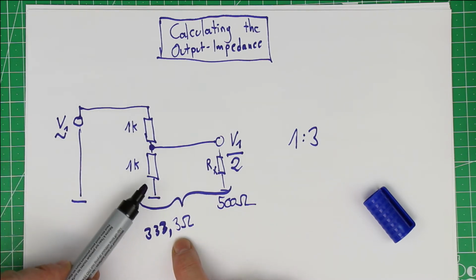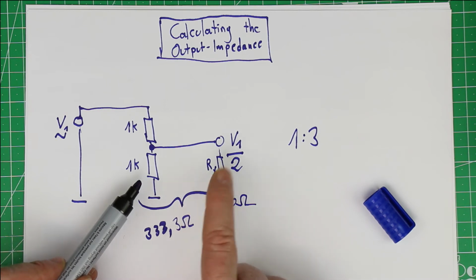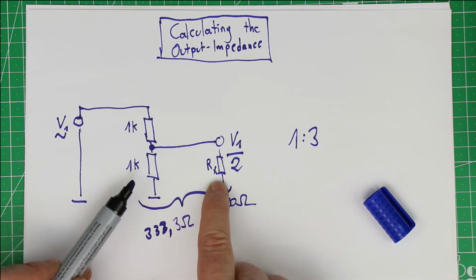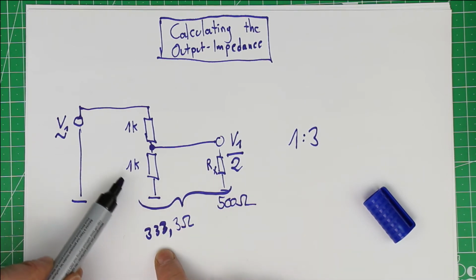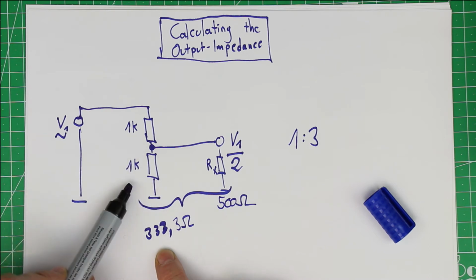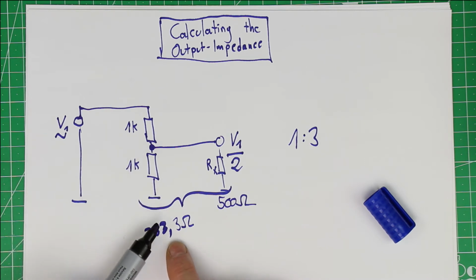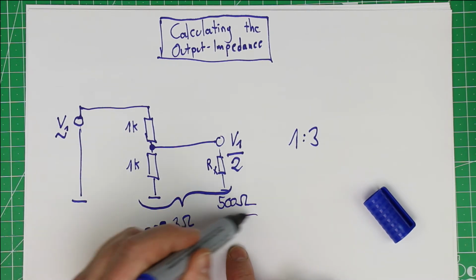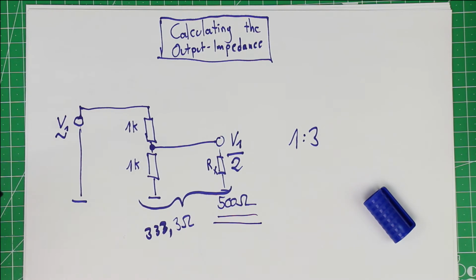And how do we get to know the value of this unknown resistor that gives us 333 ohms in parallel with 1 kilo ohms? Now use the formula for parallel resistors and you'll find it's 500 ohms.